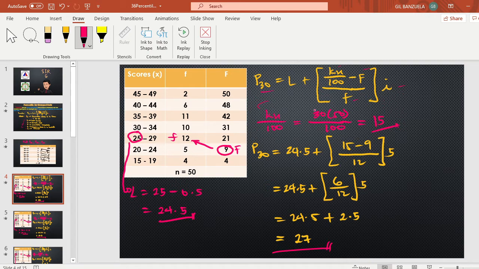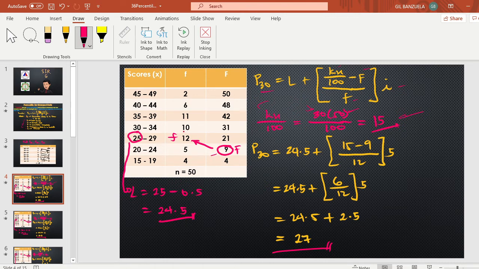Alright, so our k is 30, plugging that in, and our sample size is 50. Then of course 3 times 5 is 15, so 1500 over 100 is equal to 15. And take note that the cumulative frequency should not exceed 15, so that's why we choose 9.